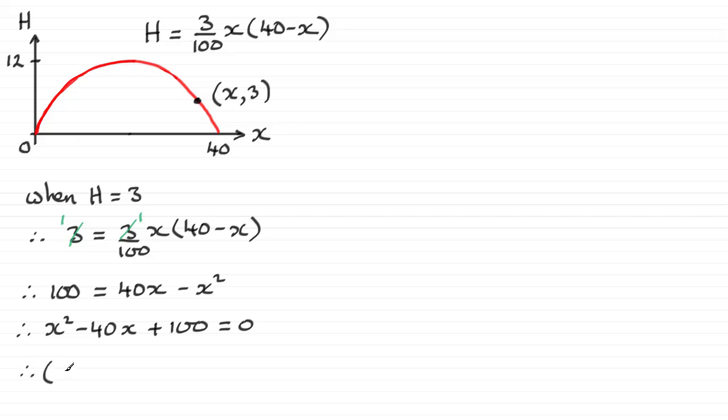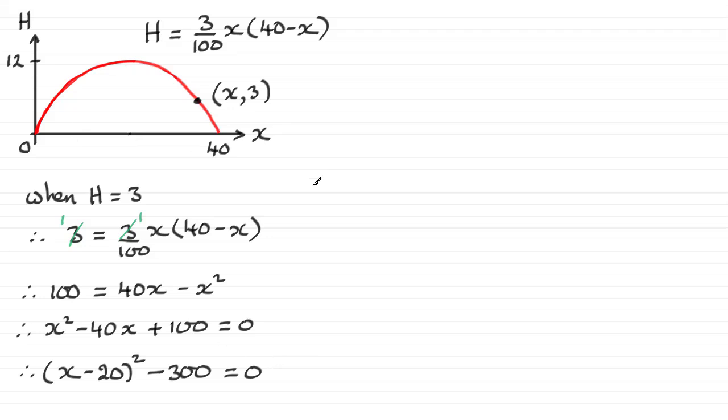I've got a bracket here, all squared, just halve the minus 40x, so that becomes minus 20. If you were to square this out, you'd get x squared, twice the product, that'd be minus 40x, and the minus 20 all squared, which would be 400. So we just need to take 300 away from that in order for 400 minus 300 to give us that 100, and that equals 0.